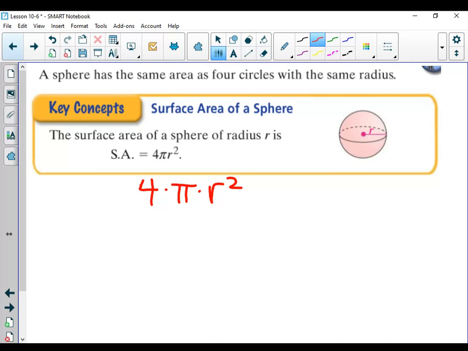Every different lid, a small circle, a big circle, all of these different circles. He probably doesn't have Tupperware, but he has wood pieces, and he says, what's the area if it's flat? What's the area if it's 3D? And he notices every time it gets 4 times bigger when he makes it 3D.